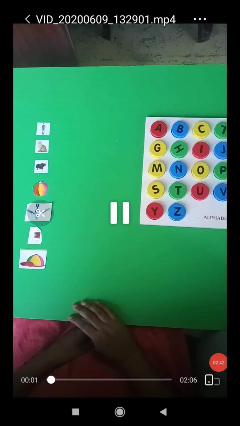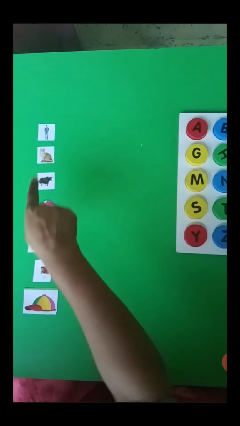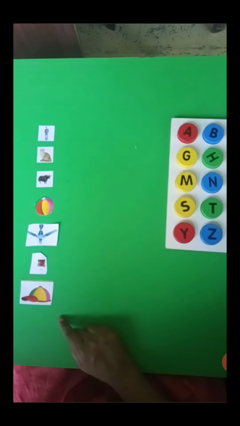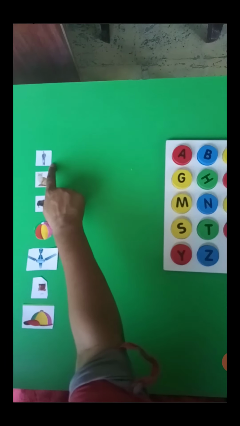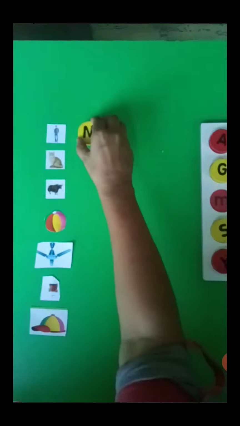In this activity students, I have some pictures and some letters. Students, you see the picture and make the words. Like the first picture is the picture of a man. So make the word man.